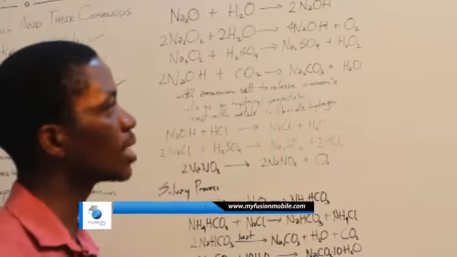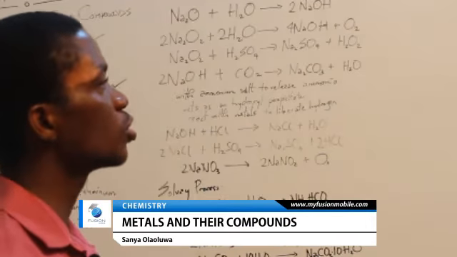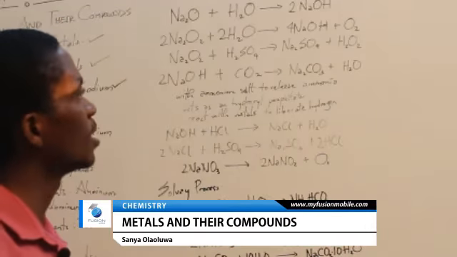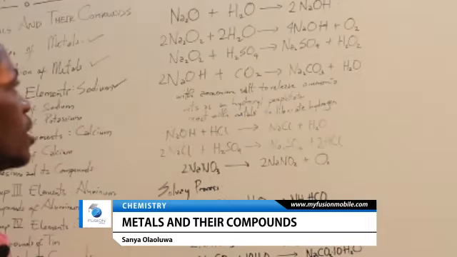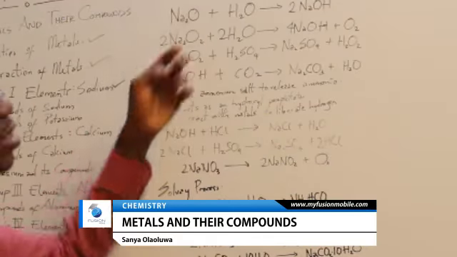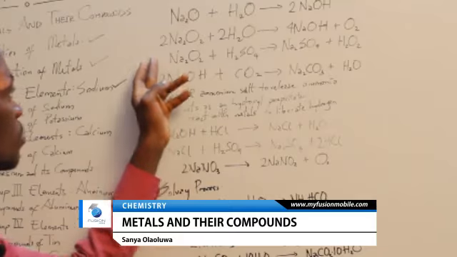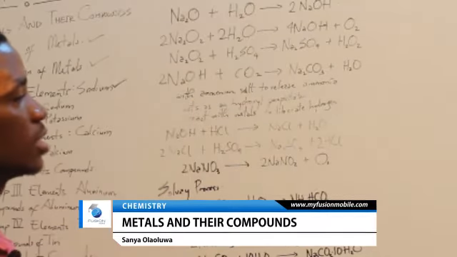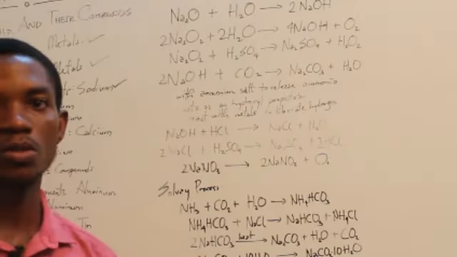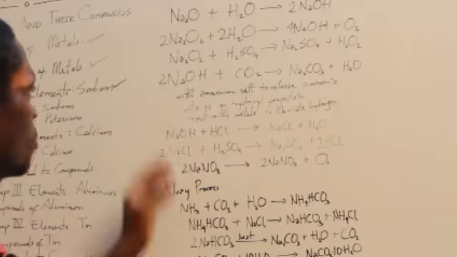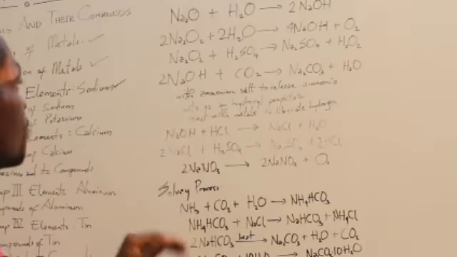And what are the uses? It is used to produce dyes. Sodium oxide is a colorless solid, and sodium peroxide is a pale yellow solid.